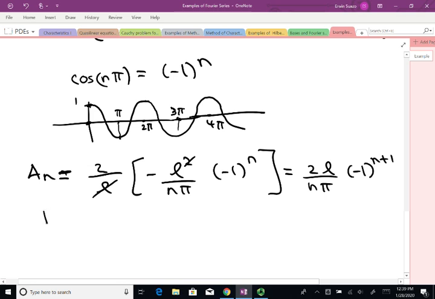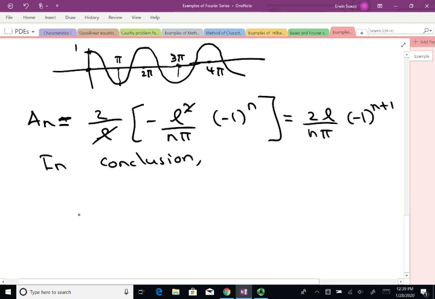In conclusion, you can approximate x on the interval 0 to L as the sum.